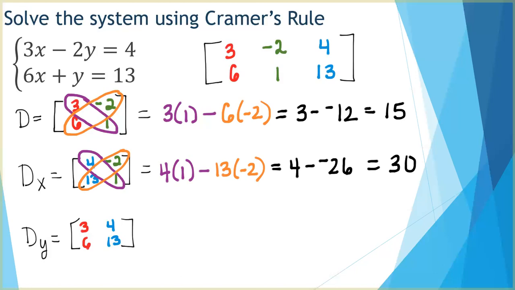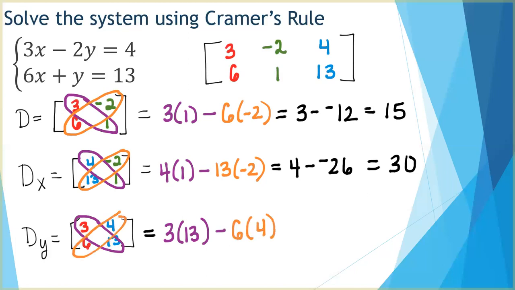And lastly, for my Y matrix, multiplying a diagonal, 3 times 13 minus 6 times 4. And that would be 39 minus 24, which is 15.